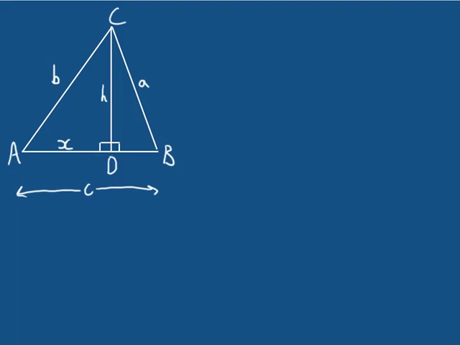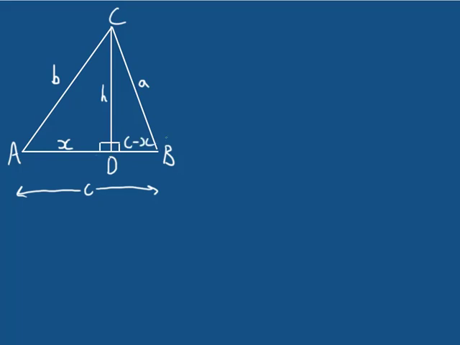Well, it's going to allow us to write the length of DB, the length of this edge on the right, in terms of the length of c, the entire length, and the length of AD, which we know now is x. Because if this is the entire length, to get the length of just the edge DB, we need to subtract from the entire length the length of x. So hopefully you can follow that DB is going to have a length of c minus x.